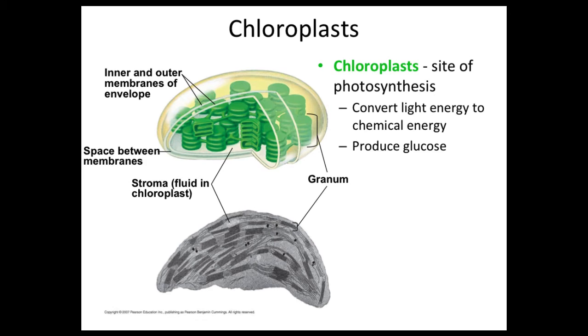Chloroplasts are those double membrane-bound organelles that are the site of photosynthesis. In our diagram here, we can see the membranes, inner and outer, and then inside the chloroplast are these little stacks of green discs. The little stack of green discs is called the granum, and then the fluid between the green discs is called the stroma.